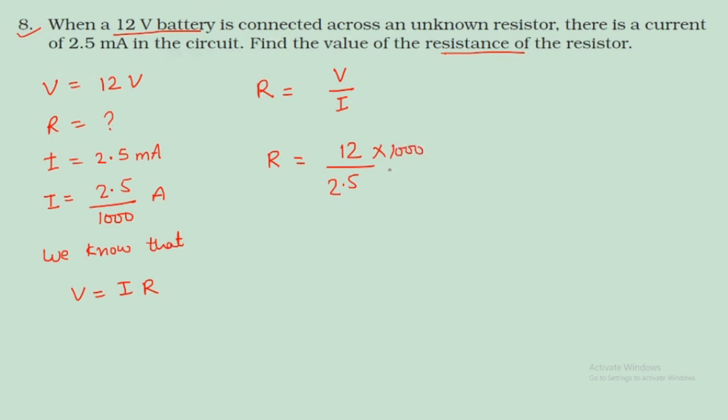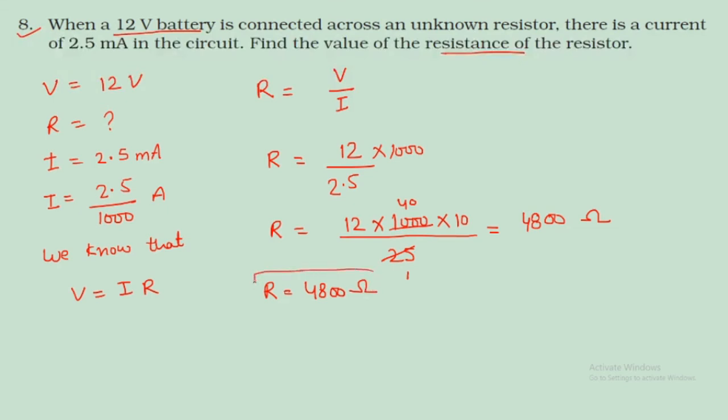So R equals 12 into 1000 into 10 upon 25. It becomes 4800 ohm. So R equals 4800 ohm. This is the value of resistance.